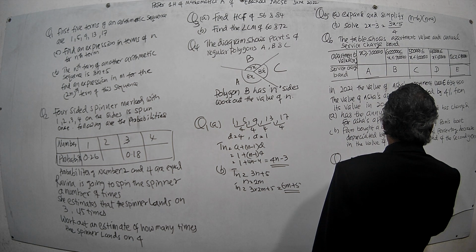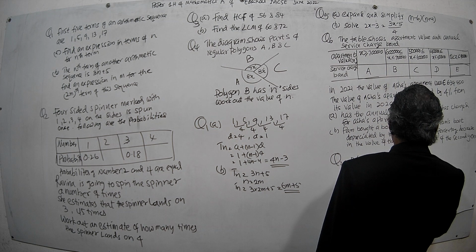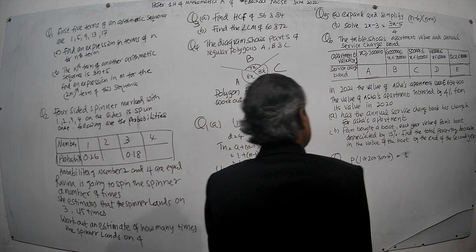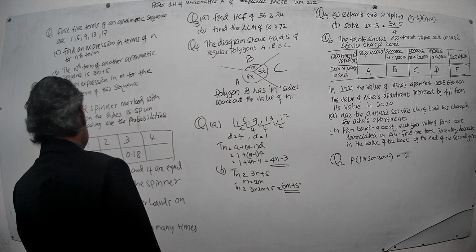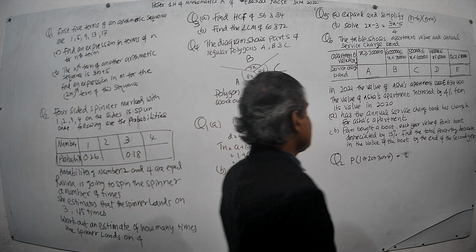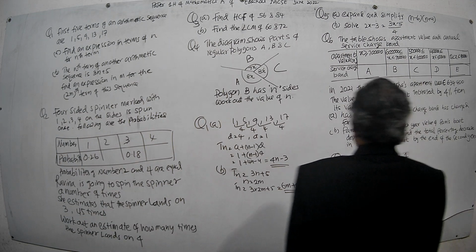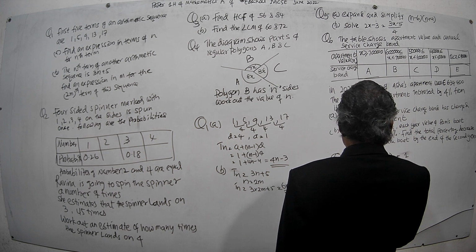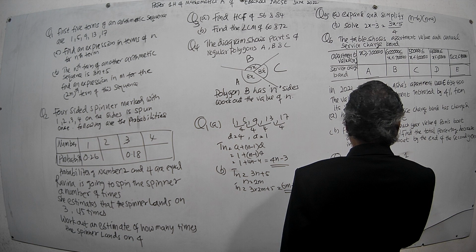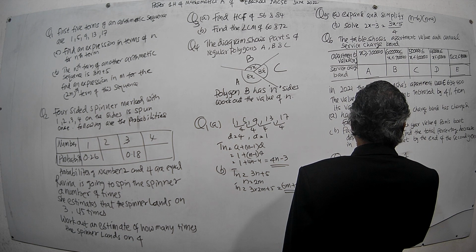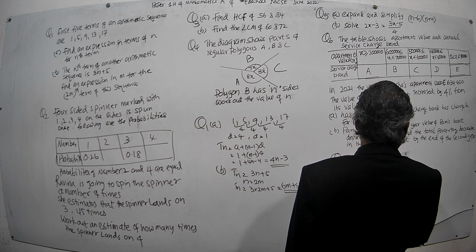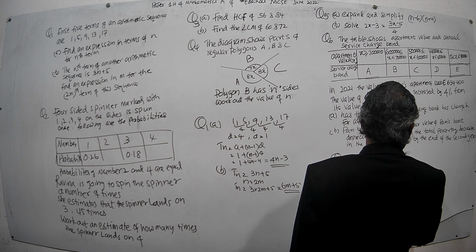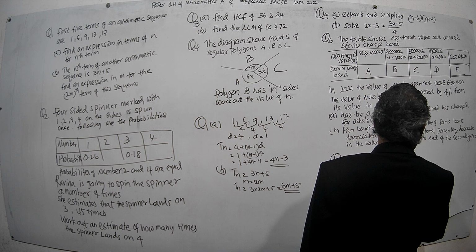1. Then the probability of getting 1. Then this one is equal to P1 plus P2 plus P3 plus P4 equals how much? 1.